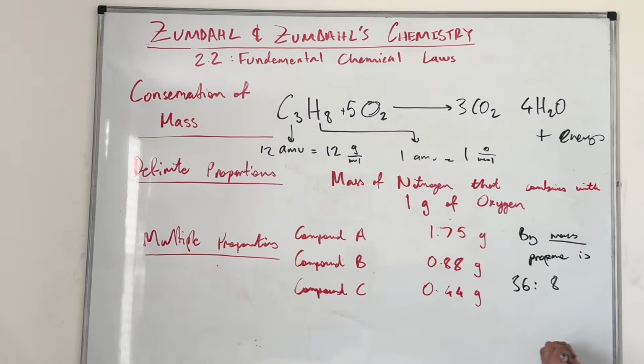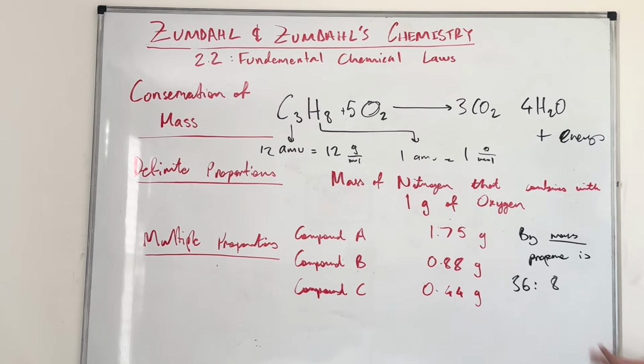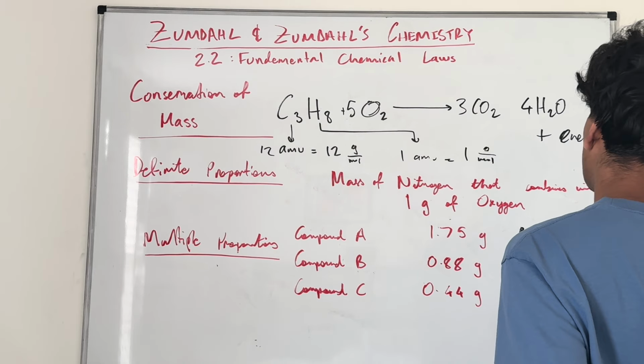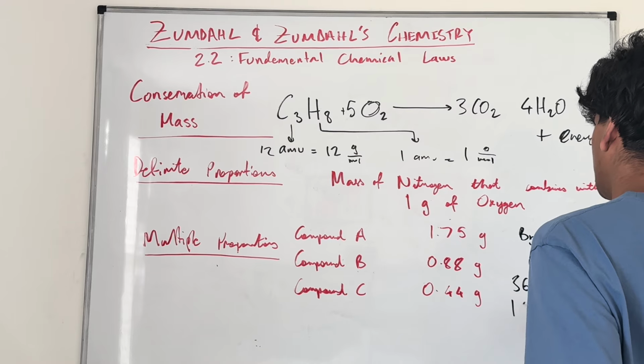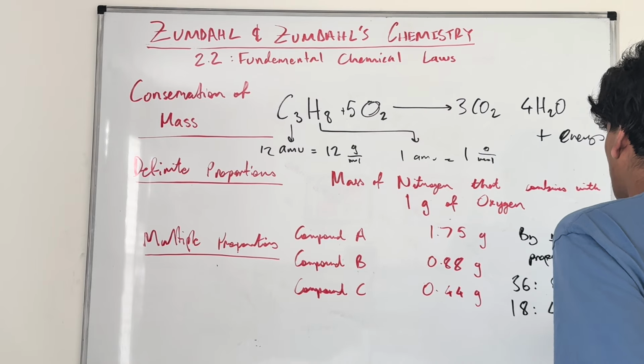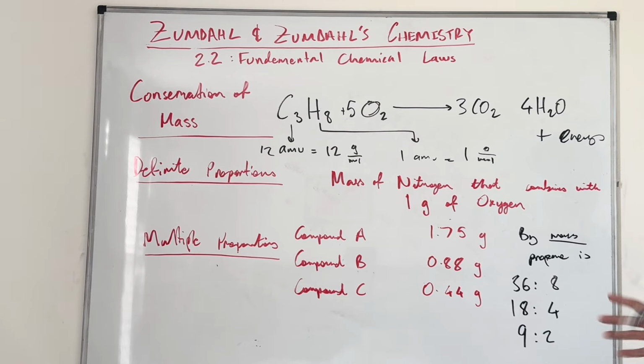Because you have 3 carbons to 8 hydrogens, but the carbons are each 12, so it ends up being 36 to 8. We could reduce this to 18 to 4, and then even to 9 to 2. Yes, 9 to 2. This is the ratio.